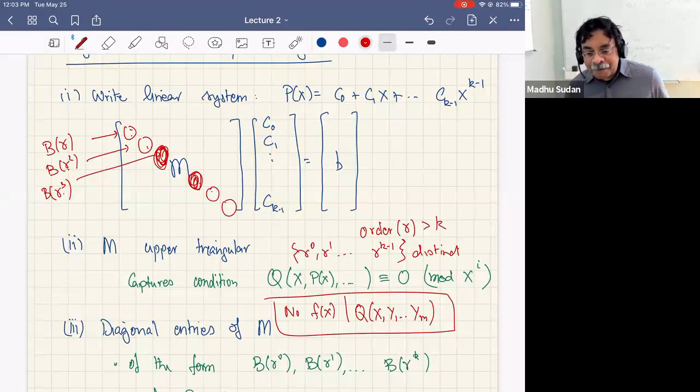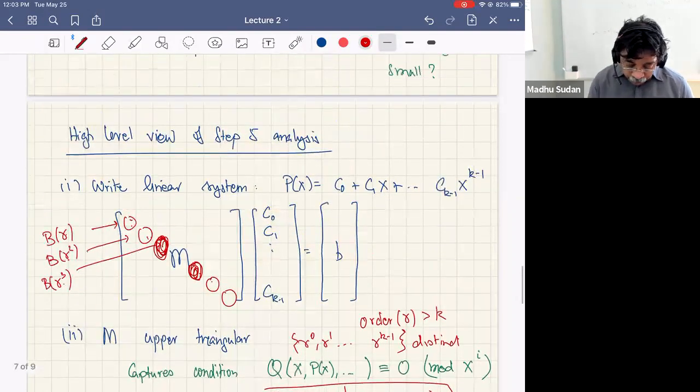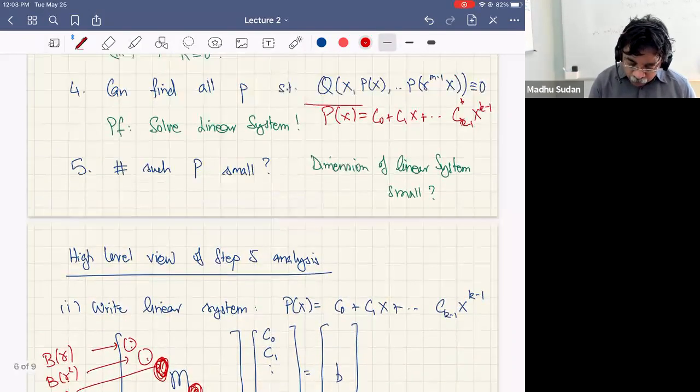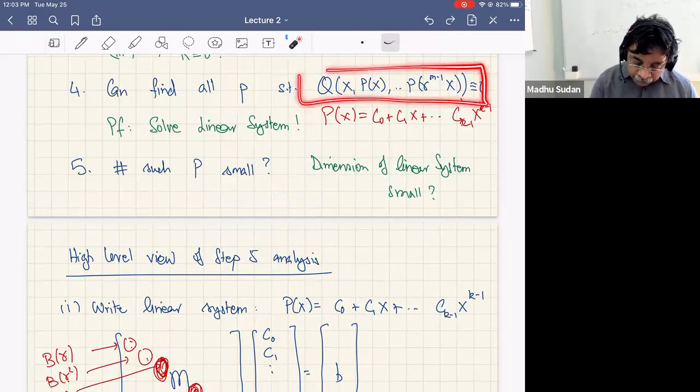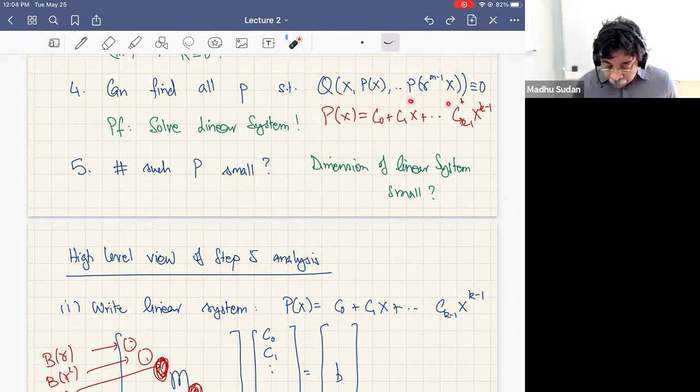Where does the polynomial b come from again? Okay, good. So I didn't tell you how to express this condition, q of x, p of x equal to 0. How do you write this condition? You write down unknowns for the coefficients of p, write down coefficients of these polynomials, and coefficients of q, which you're given.